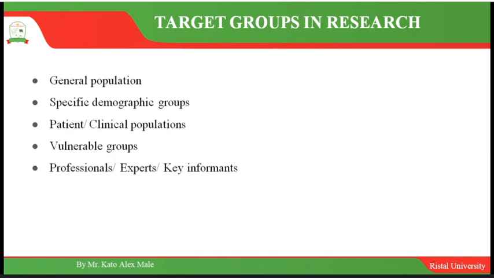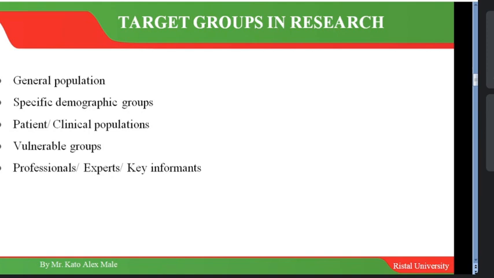So I might do a study on adults aged 65 and above, on the elderly population, meaning I have considered the two types of targeted groups here. I have a targeted group and a specific demographic group, that is age, men aged 65 and above. I can also have a type of targeted group as those who are vulnerable. You get it? Those are all targeted groups in research.